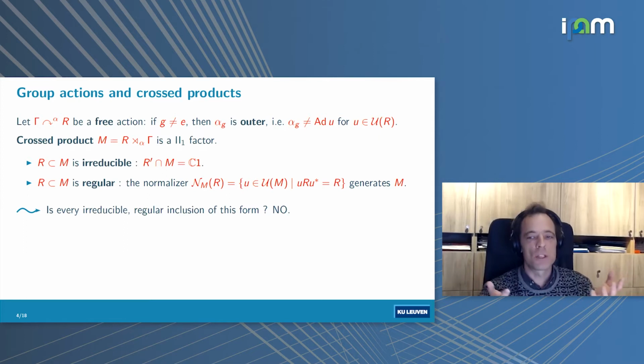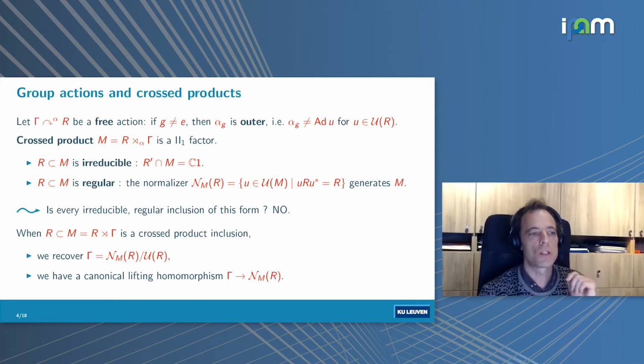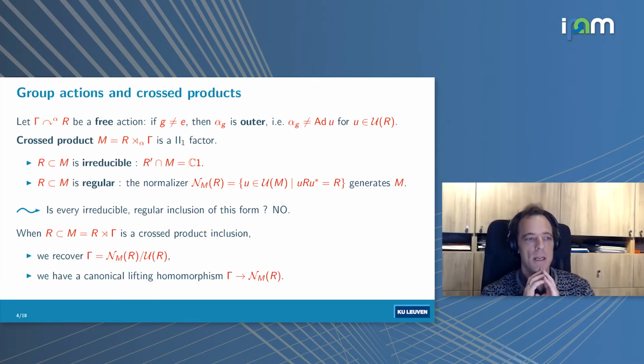And then you, of course, immediately wonder whether any irreducible regular inclusion is like this. And it's yes and no. The true answer is no, but it's almost the case. And this will bring me to the key notion of cocycle actions and cocycle conjugacy. So what is happening?